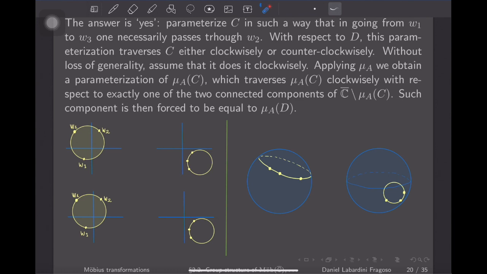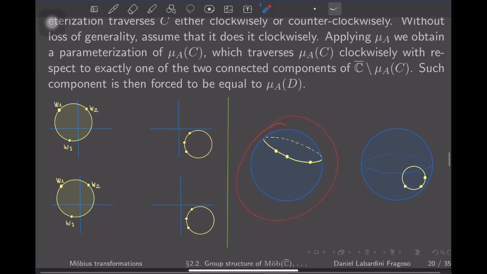I'm already thinking that I can pass between C bar and the sphere freely. So that must be the property. I take the disk in which they appear in the clockwise sense, which is somehow this one rather than this one. Notice that in this other one, they actually appear in the counterclockwise direction. This is clear if you see it on the sphere.